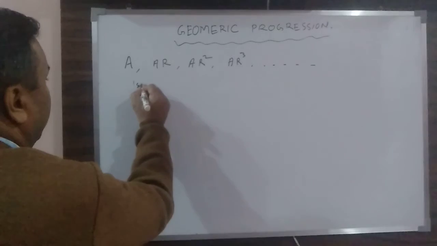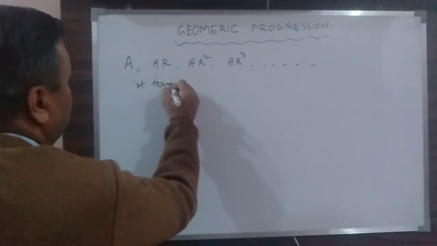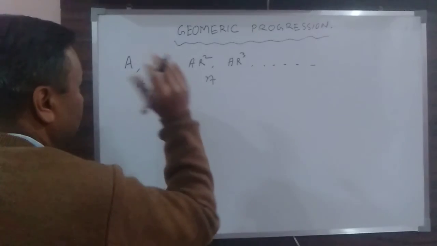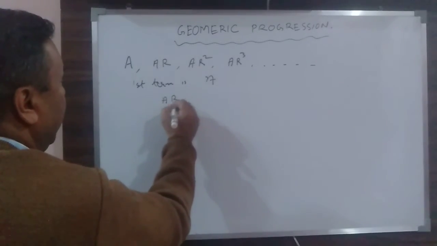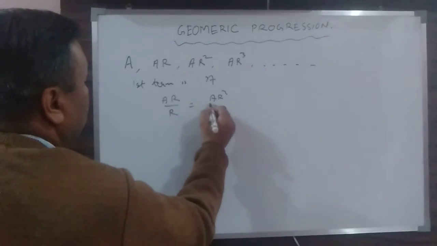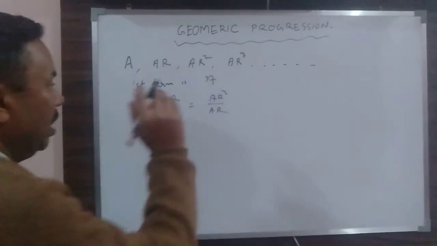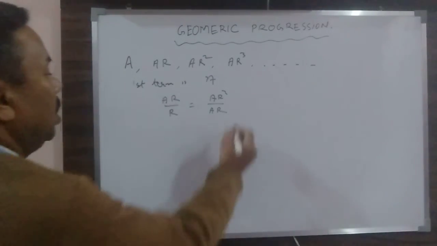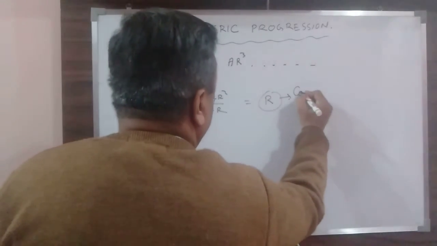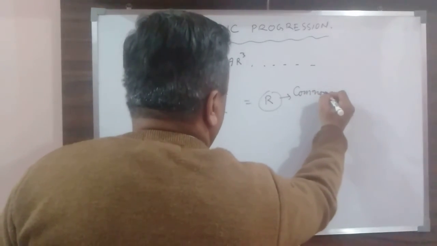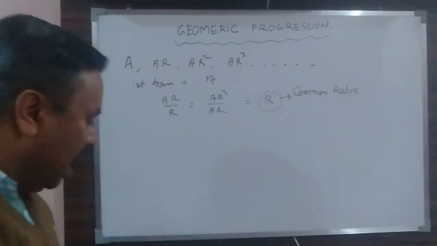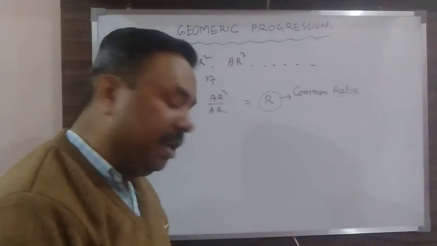If the first term is a, take either ar over a, or ar square over ar, the ratio of any two consecutive terms, and you will get r, and this r is called the common ratio.